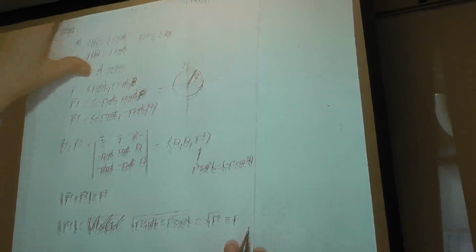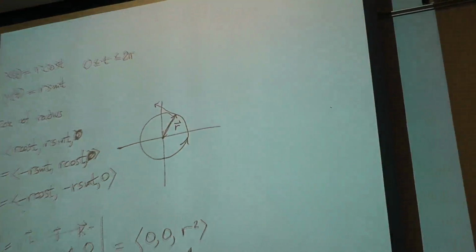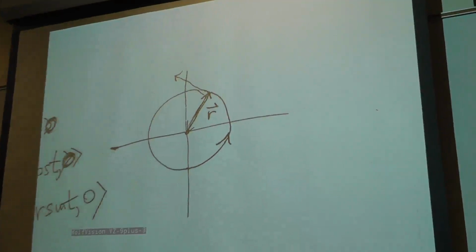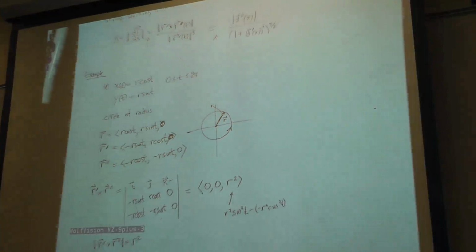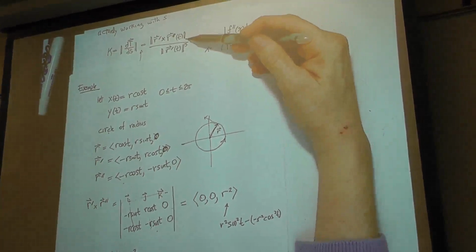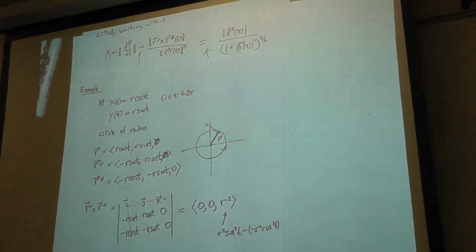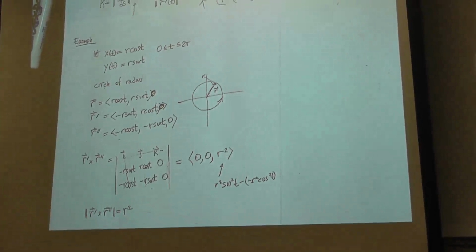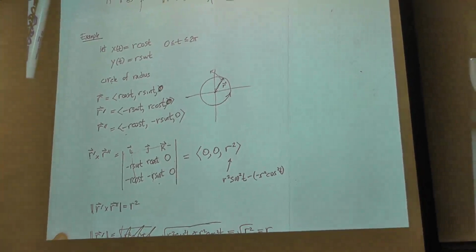Which means when you go to take curvature, you take this magnitude divided by the cube of this magnitude.